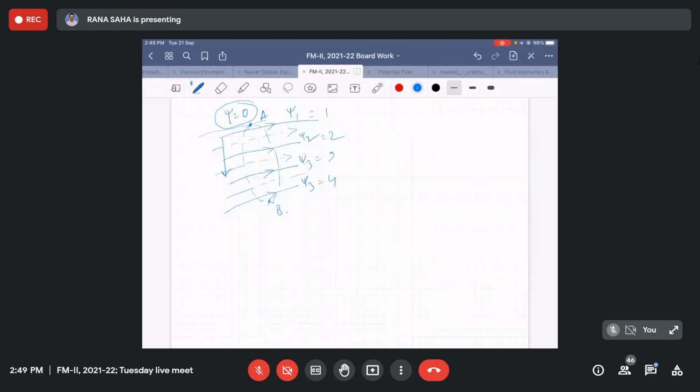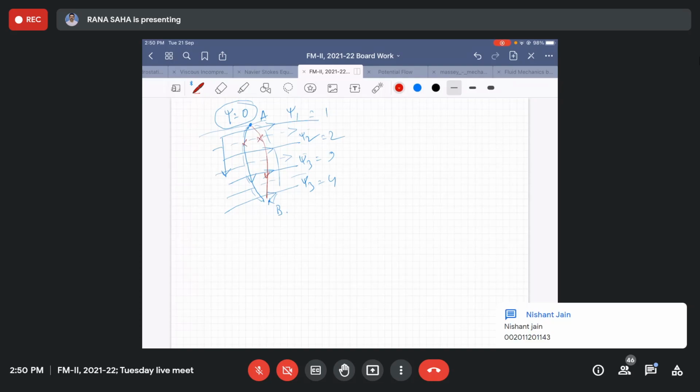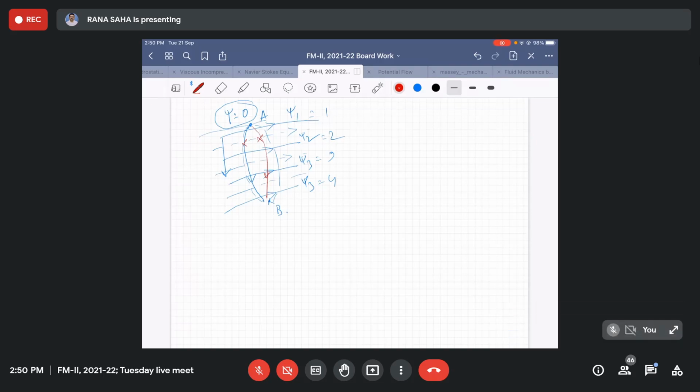You may go through this path or through that path. The value of the stream function only depends on the point in a particular flow field. That means this point as well as this point both have the same stream function value, as both points reside on the same streamline. That is important.